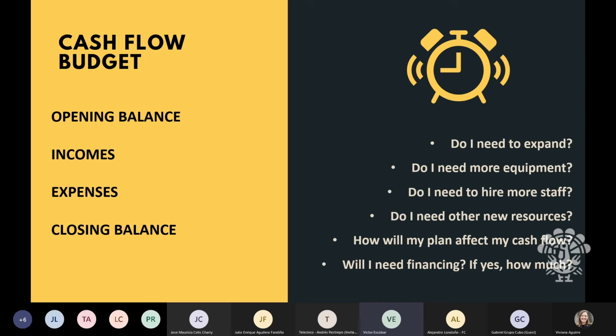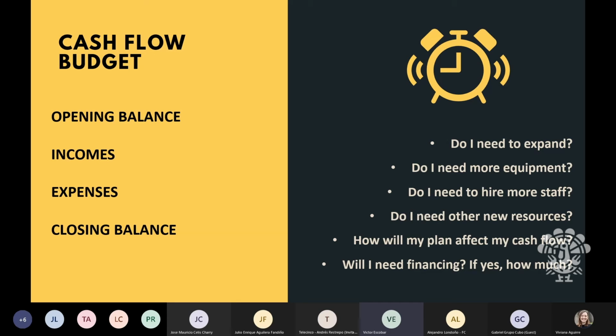For example, if you need to expand and you have a good cash flow budget, what amount of money can I spend in this expansion? If I need more equipment, the same thing. If I have a good cash flow budget, how much of this cash will I spend on new equipment? If I need to hire more people or need more resources, and you don't have a good cash flow, how will that affect your cash flow?